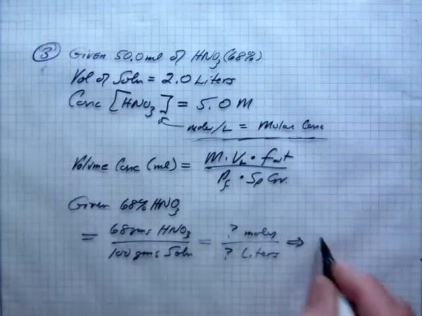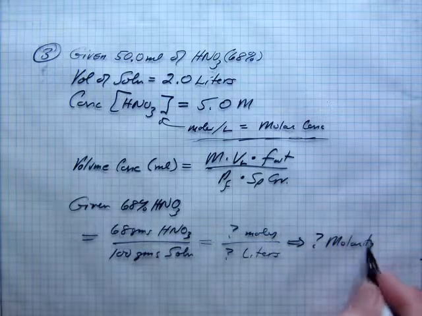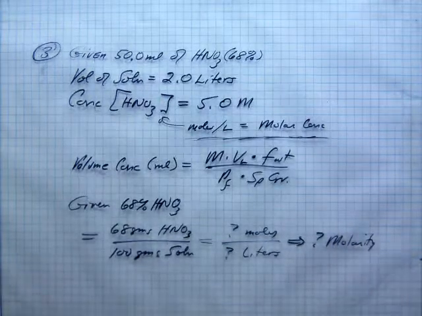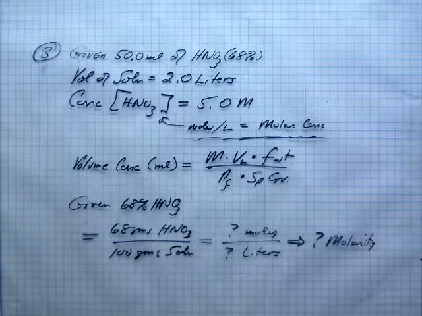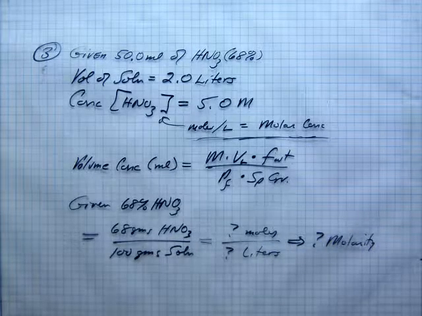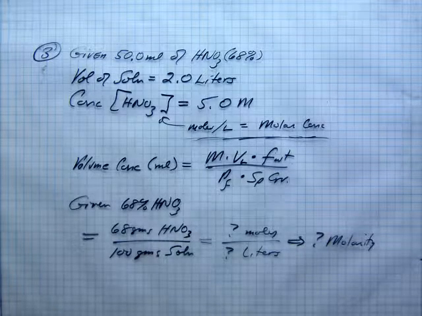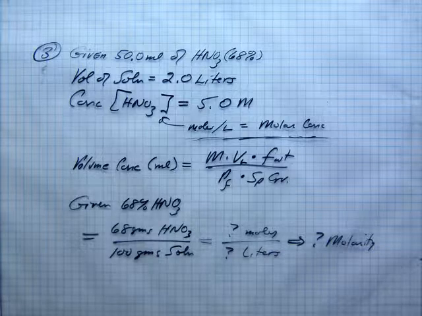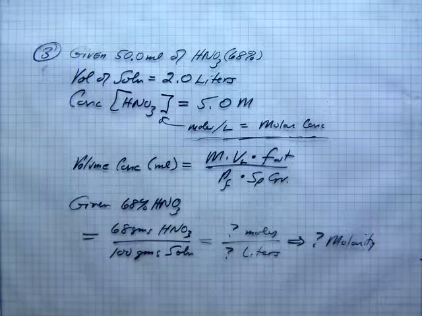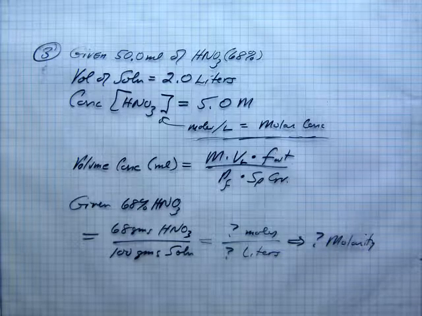That would give us the molarity of the solution. You know how to take grams and convert to moles by the formula weight. But this is a solution, and to get that to liters and milliliters, how do you do that?